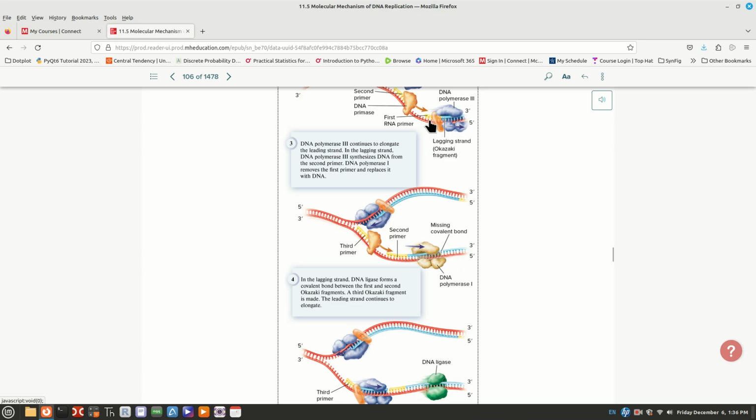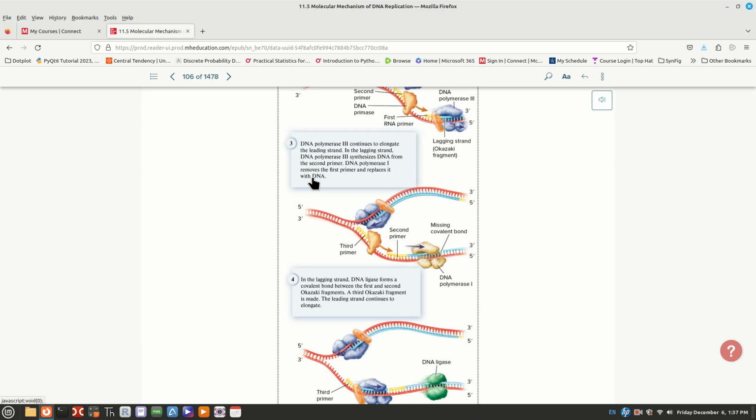But we can say that basically it turns that little piece of RNA, the little yellow piece, into DNA. And so DNA polymerase 1 solves the problem of removing the primer and basically making the whole strand there DNA. But that's not the only thing that needs to be done.